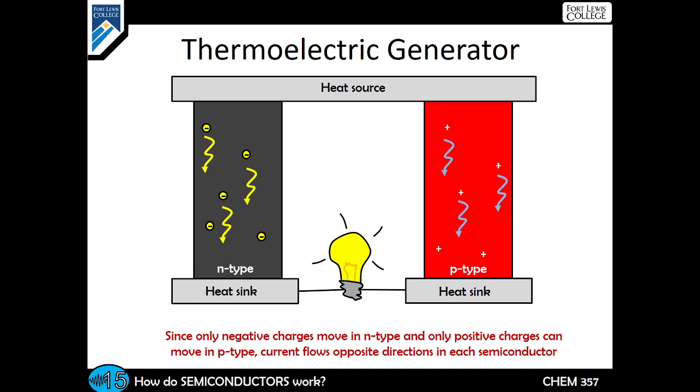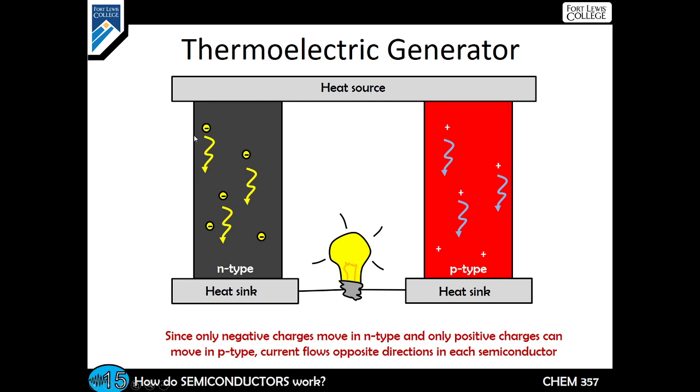Some other cool uses of P and N doped semiconductors is a thermoelectric generator, where you can have some hot source up here and some colder source down here. And if you have some N-doped semiconductor and some P-doped semiconductor sandwiched in between, you can create the flow of electrons.